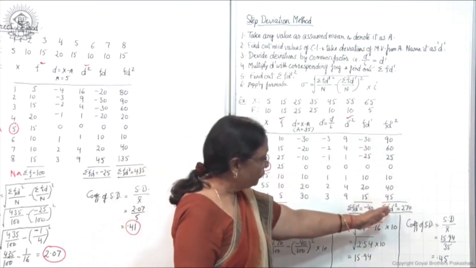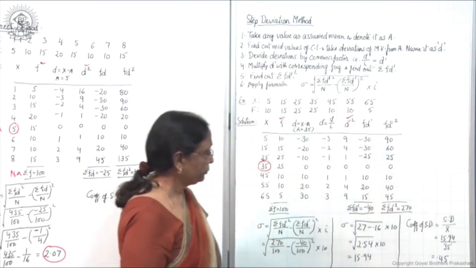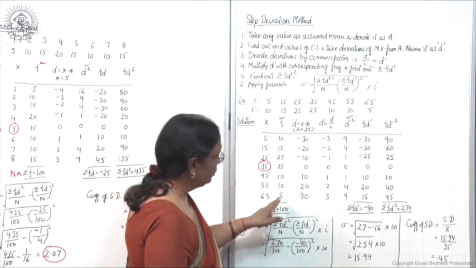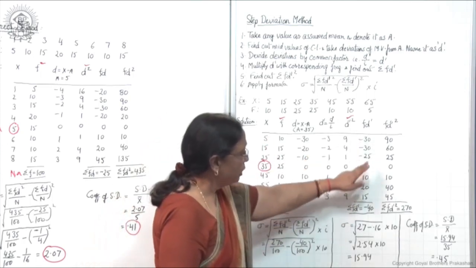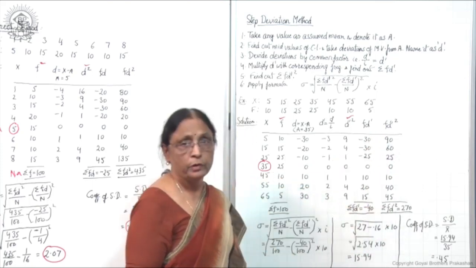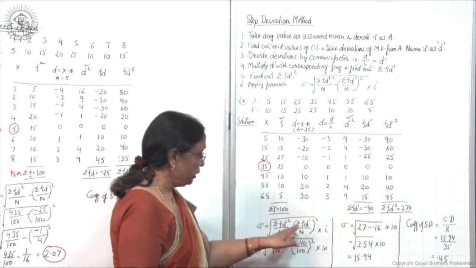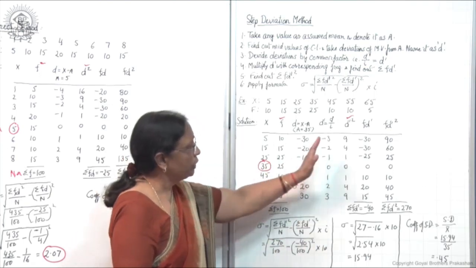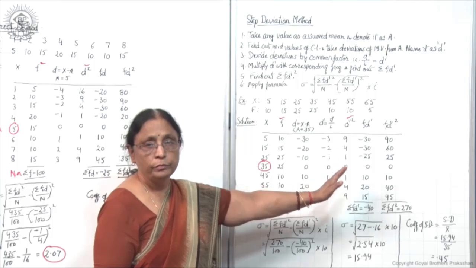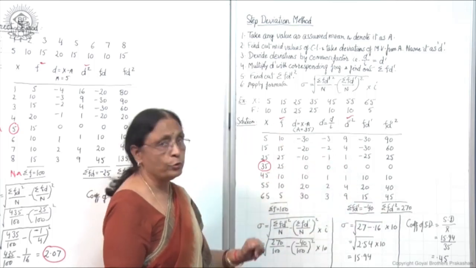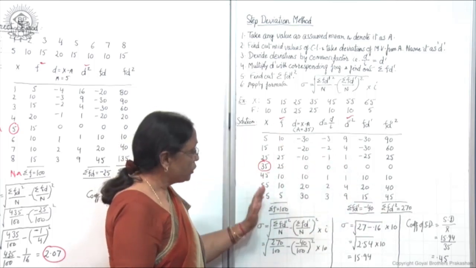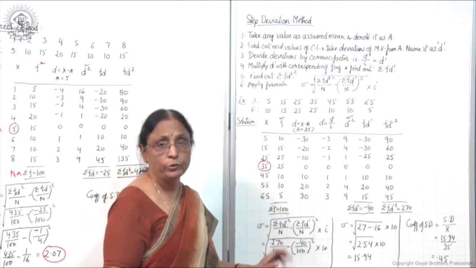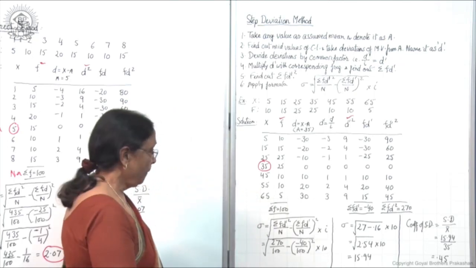Now again do the total of this, you get 270. So you need to do the total of the f column, f D dash column, and f D dash square column. These values are needed in the formula. If you know the formula, you know which column you have to make, which calculations you are supposed to do, which column total you have to do, and where to put the values, right.